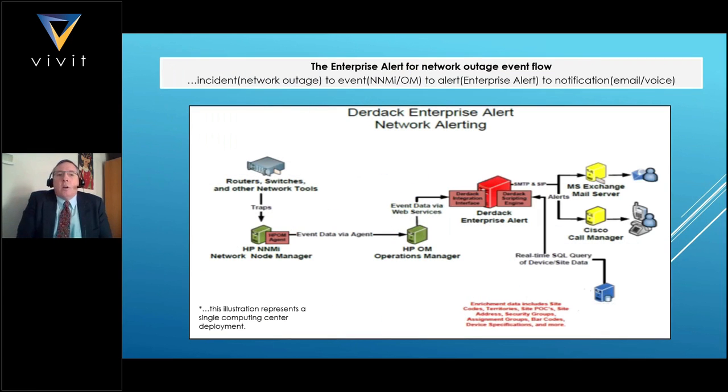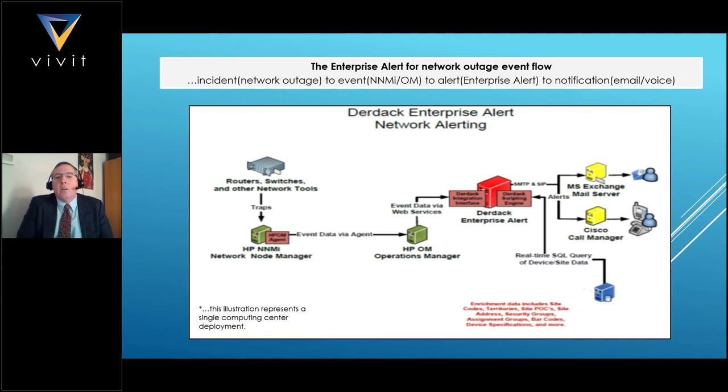As we look at that, there are different ways we do this. When a device such as a switch sends a trap over to NNM, which is Network Node Manager, that event goes over to the HP Operations Manager. Then we get it into Derdack.